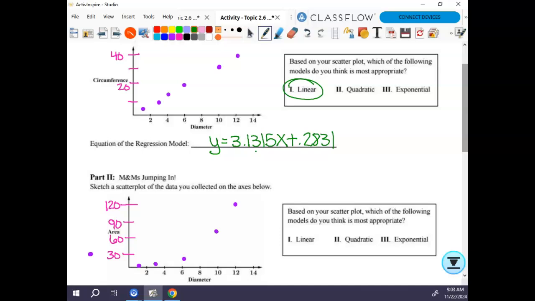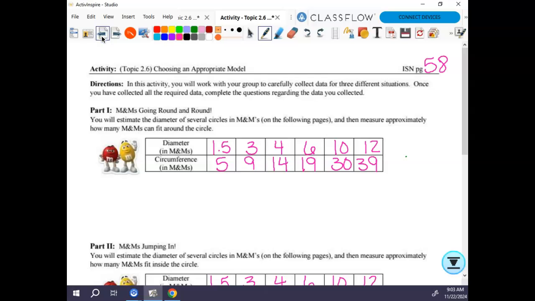So let's talk about, besides the fact that it clearly looks like a line, and when we go to Desmos and click on things, it looks like a line. When we look at our data, if it's linear, then our first differences should be the same, right? And so this is 4, this is 5, this is 5. They're kind of close. Ooh, that one's 11, that one's 9. So they're really not all the same.